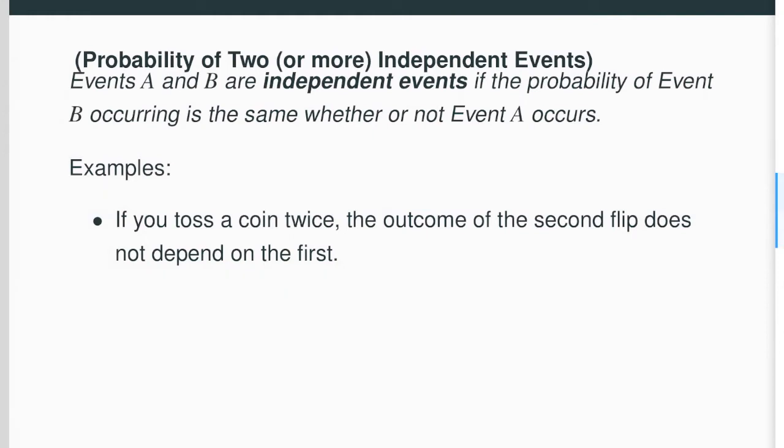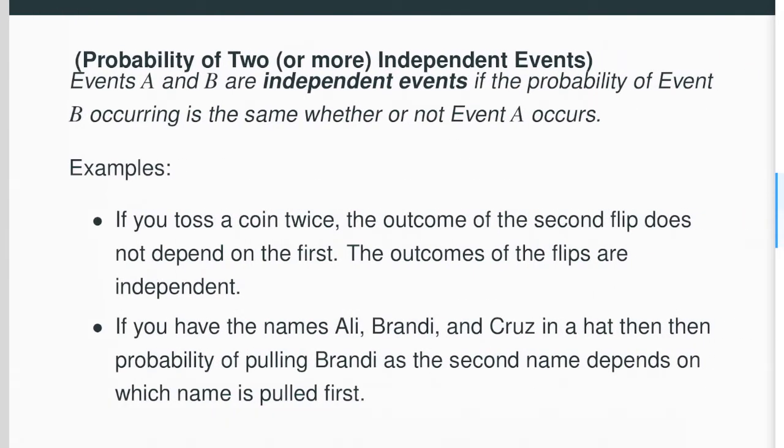And because sometimes these definitions make more sense when we have a non-example, we can consider having three names in a hat. Here, if we pick a name out of the hat, which name we choose certainly affects the probability that we choose a name second.